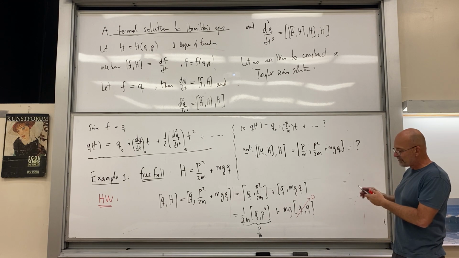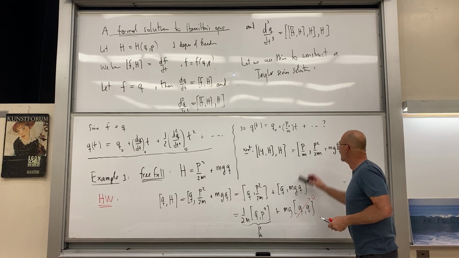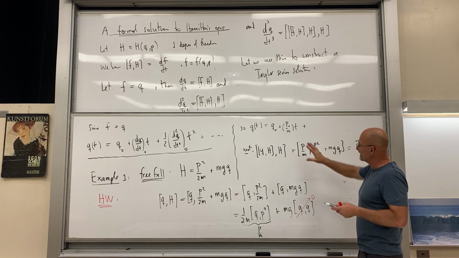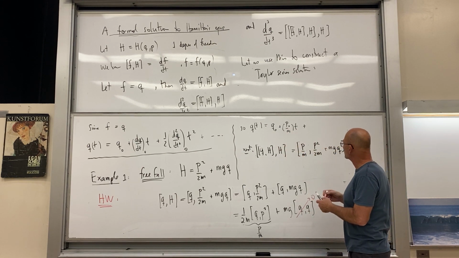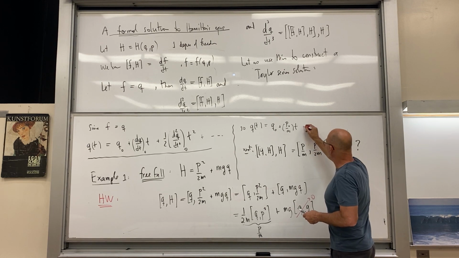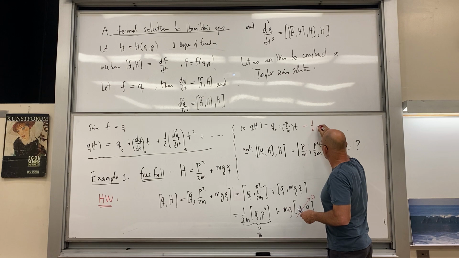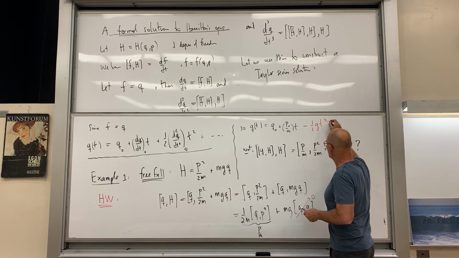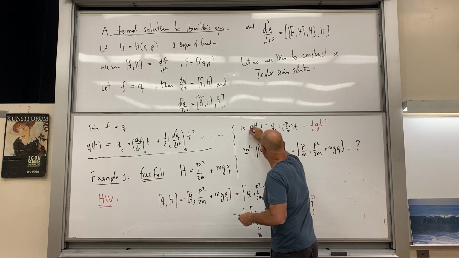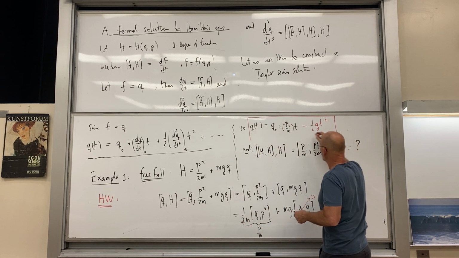Now what's going to happen is you're going to generate, see, this is the law of free fall, we know this, you're going to generate negative 1/2 g t squared, right? So we know what we're headed for.